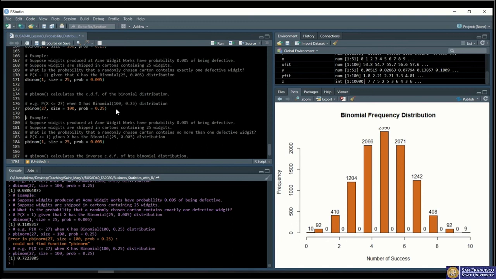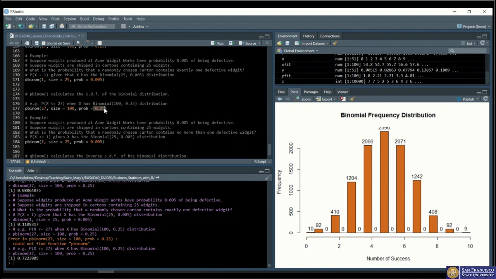Okay, so the probability for picking 27 success cases or less will be 72.73%, or 72.74% of a chance. You can imagine why, because for a trial of 100, there's a 25% success rate.